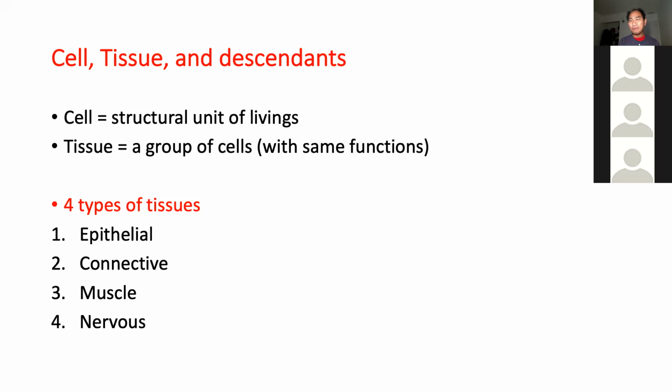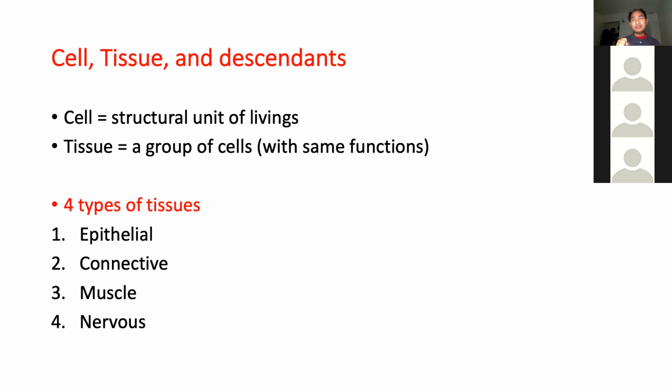There are 4 types of tissues in our body, and our body is made of nothing more than these 4 types: epithelial tissue, connective tissue, muscle tissue, and nervous tissue. So at this point, we just need to swallow it. There is no way out.